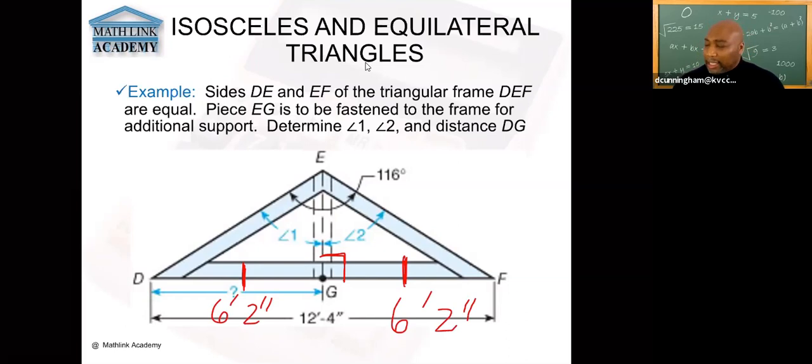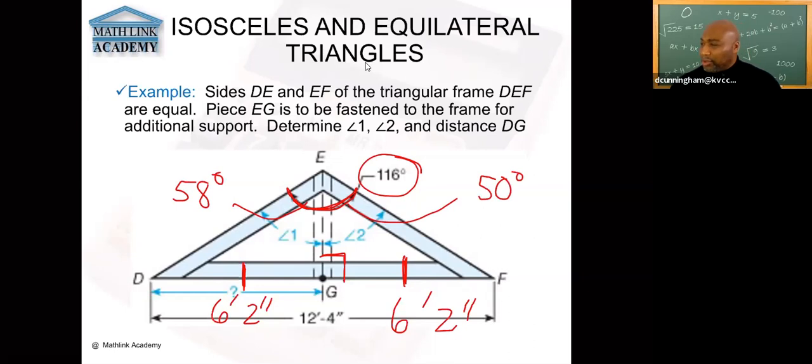Also, as I said earlier, the whole angle up here is 116 degrees. Since it's a bisector and it's an isosceles triangle, it evenly bisects, so we just take half of 116 degrees, which gives us 58. So this is 58 degrees and this is 58 degrees, angle 1 and angle 2.